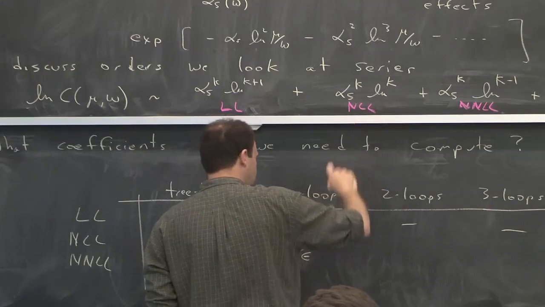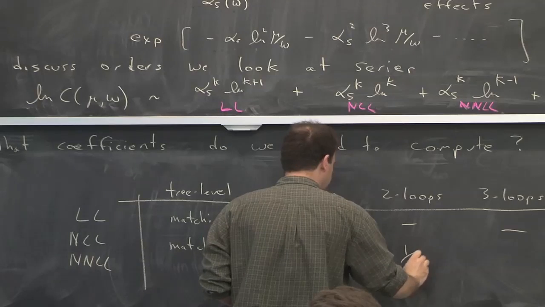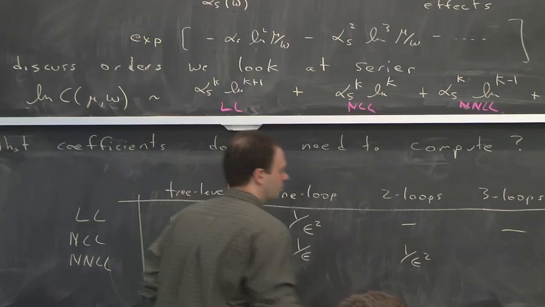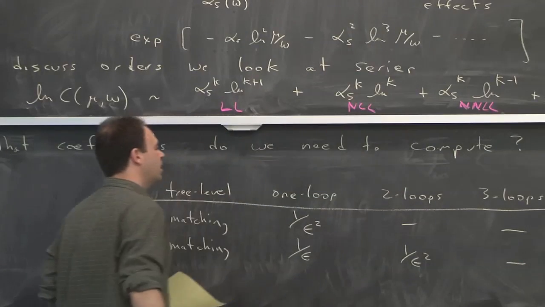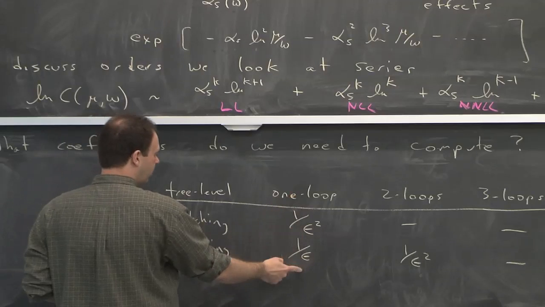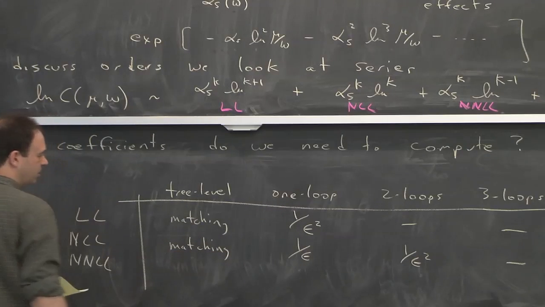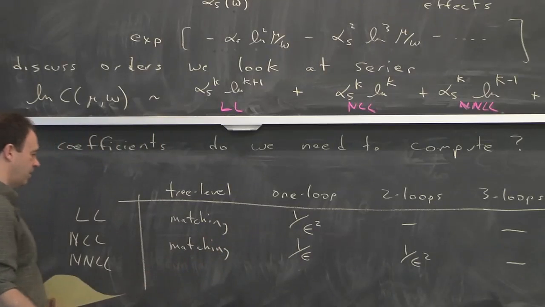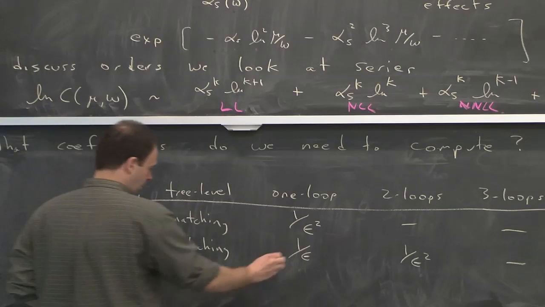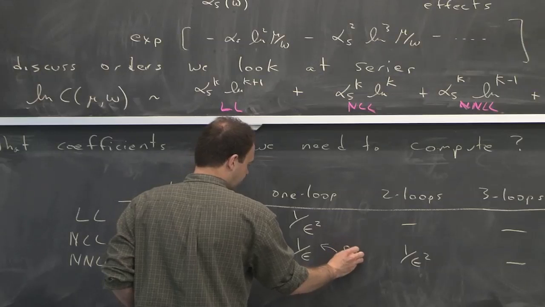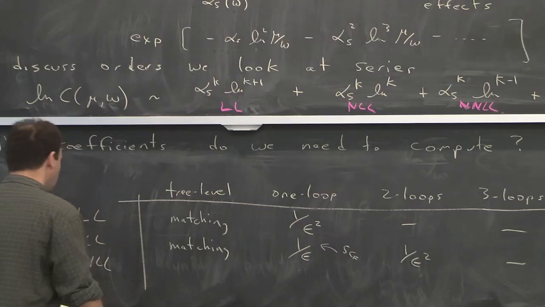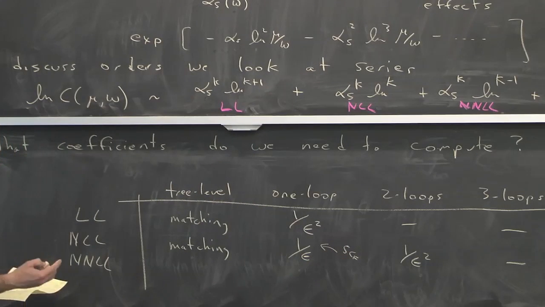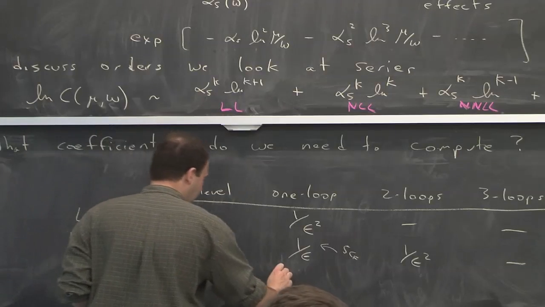To get this series, we would need the 2-loop cusp anomalous dimension, the 1-loop non-cusp, and still the tree level matching. So this next to leading log coefficient, this 5 C_F, that's this 1 over epsilon. In our example, this was the 5 C_F. And only when you get to next leading log, then the matching is 1 loop.